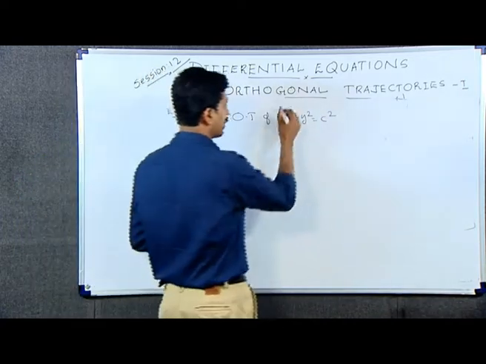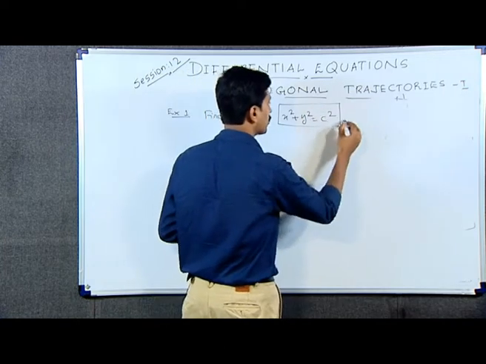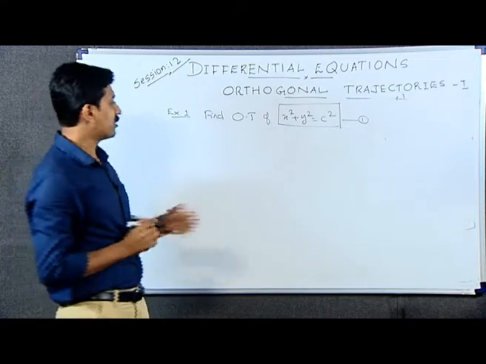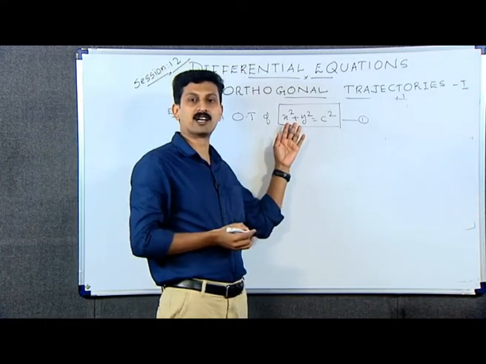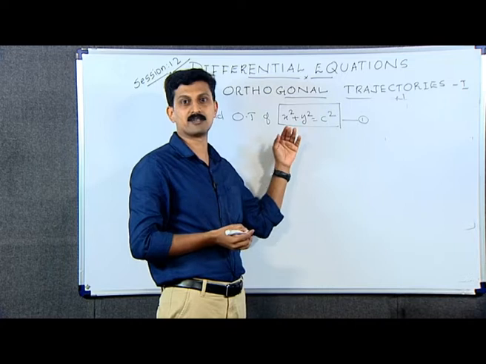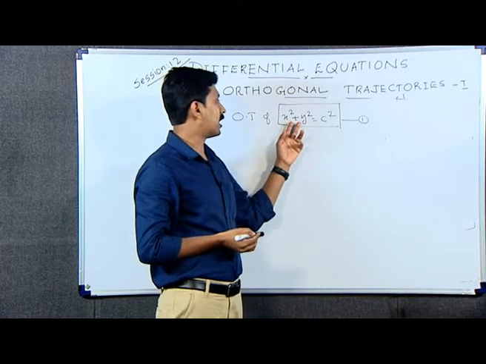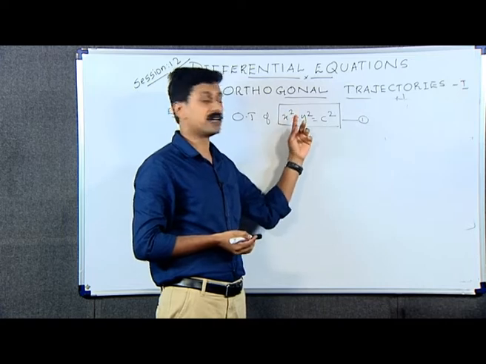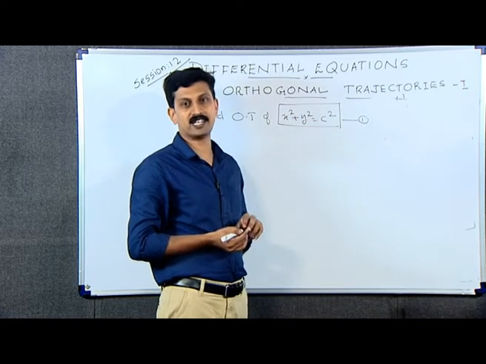I am taking x square plus y square is equal to c square as the family of curves, equation number 1. We are familiar with this family of curves, we already discussed it. This is a family of concentric circles centered at the origin with radius c.